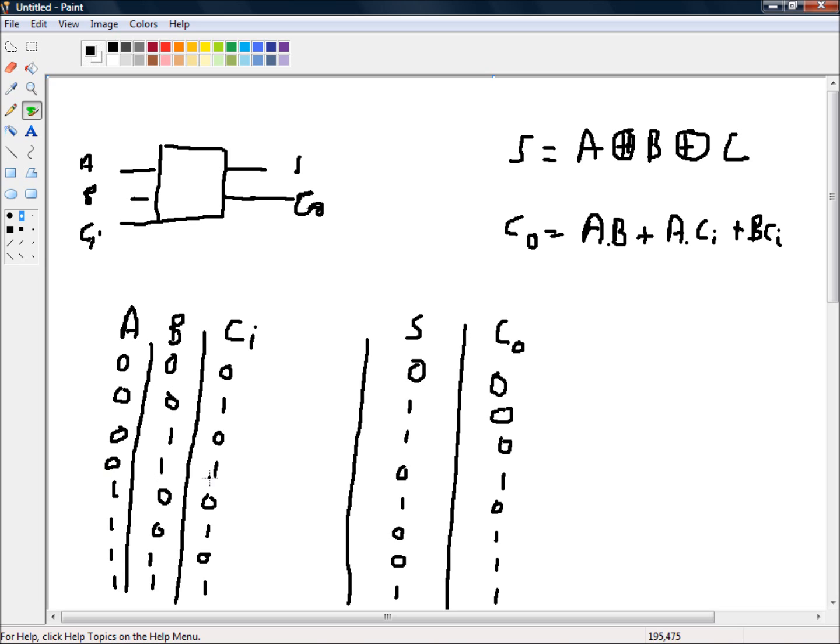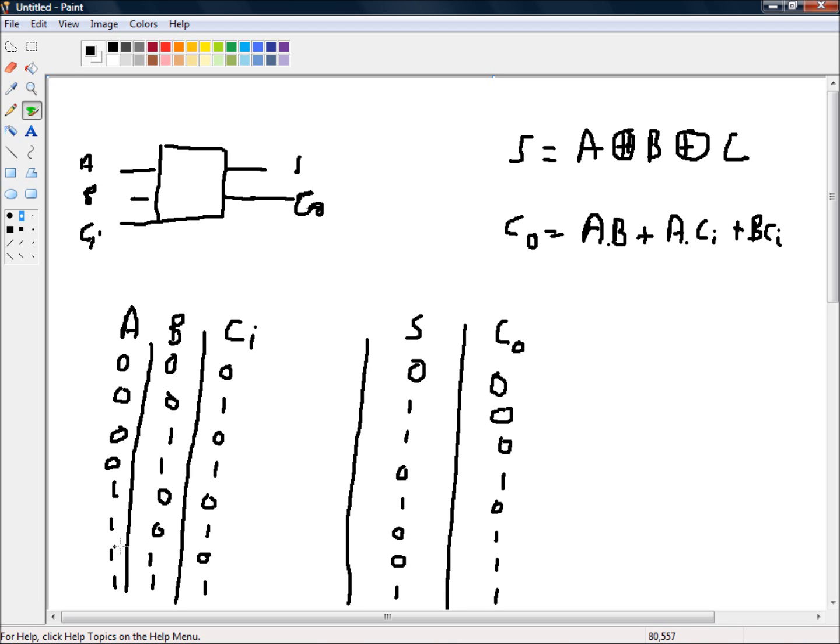So in this one we've got two 1s, which is promising, so that A and B term goes to 0, but the B and CI term will be a 1, and since they're ORed, this has to be a 1. So here we've only got the 1, 1, so that means the B term there makes that 0, and the CI makes that 0, and the CI makes that 0, so this will be a 0.